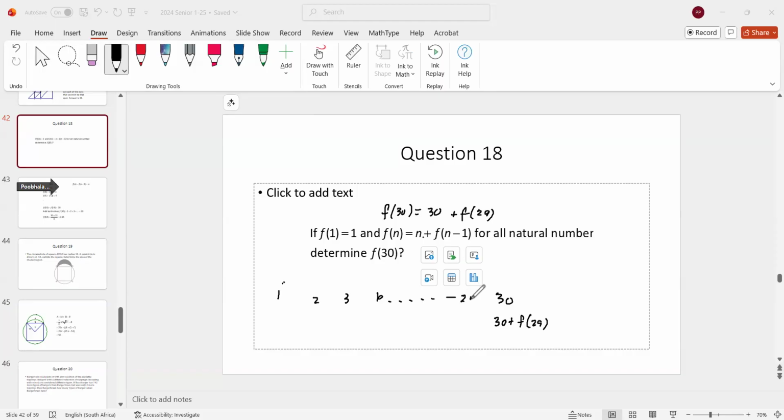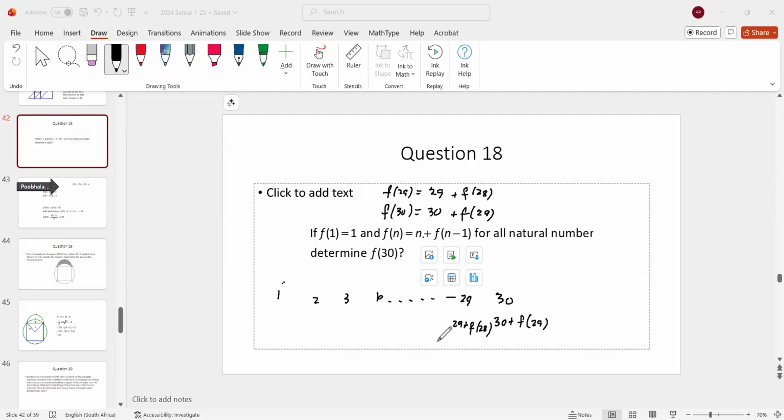So we put n equals 29 here. So you get f of 29 is equal to 29, n equals 29, plus f of 28.